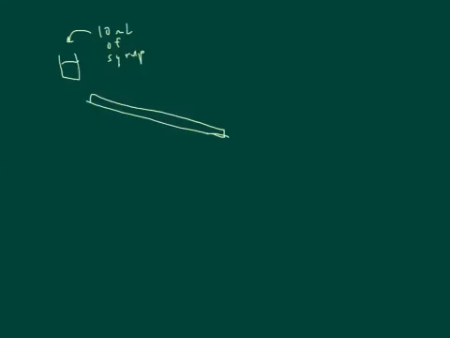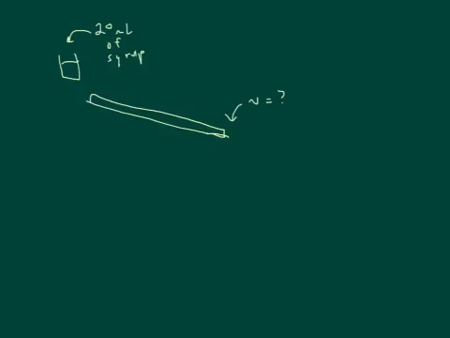I pour it down, it flows down, and then when it gets to the bottom, I measure how fast it is going. I measure that. In the next trial, I add, instead of 10 milliliters, 20 milliliters of syrup to the milk. And I keep going in this fashion.